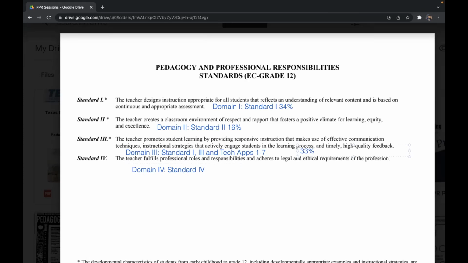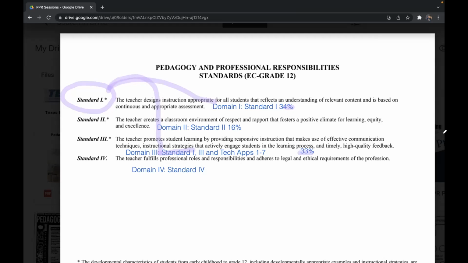So standard 1 comes out in 2 different domains. This standard here, it comes out in all of this, 34%. And it's also in domain 3, their standard 1, which is worth 33%.